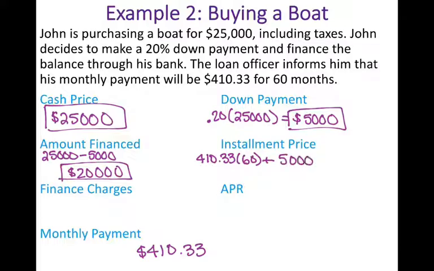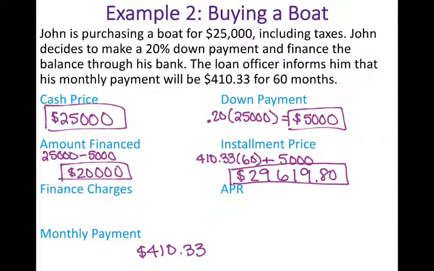So the installment price is going to be everything that John is actually paying for. So I'm going to take my $410.33 times 60 months plus the down payment, and that gives us a grand total of $29,619.80.